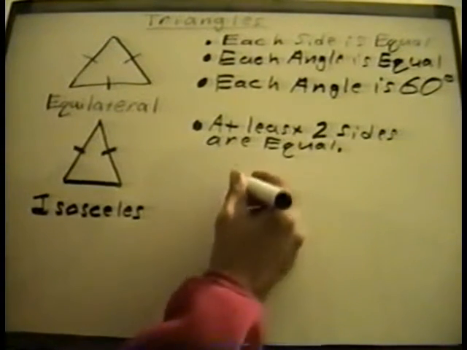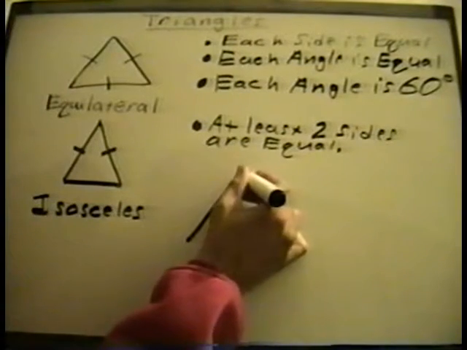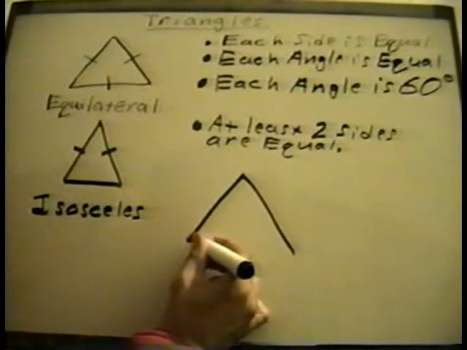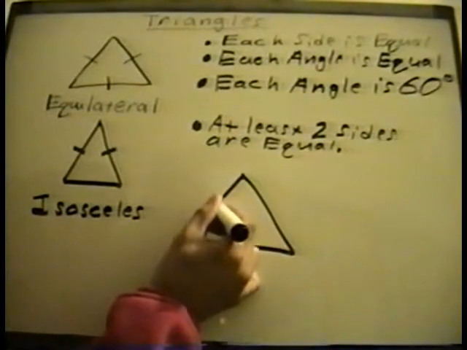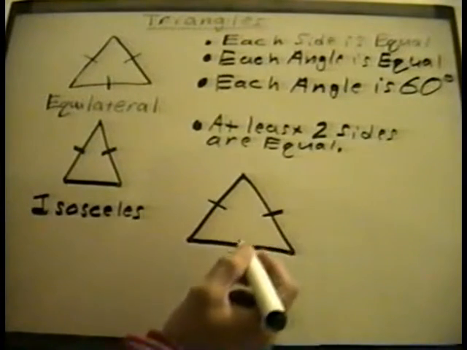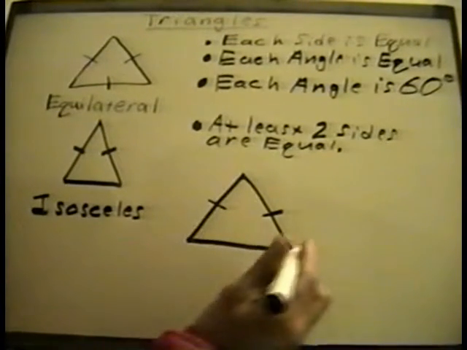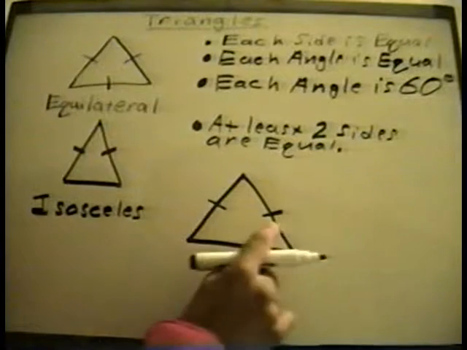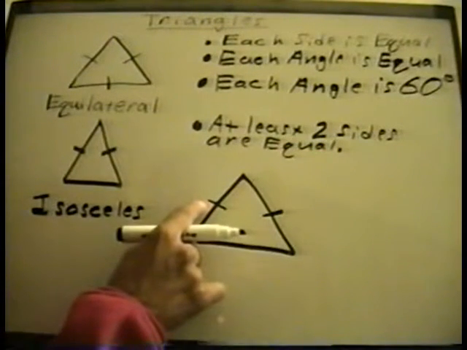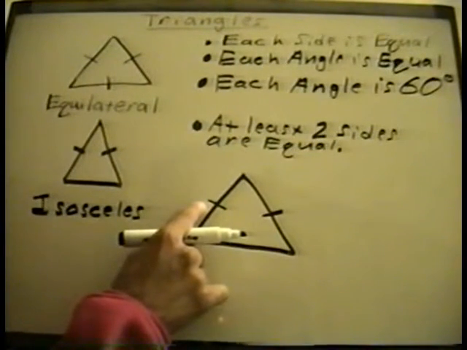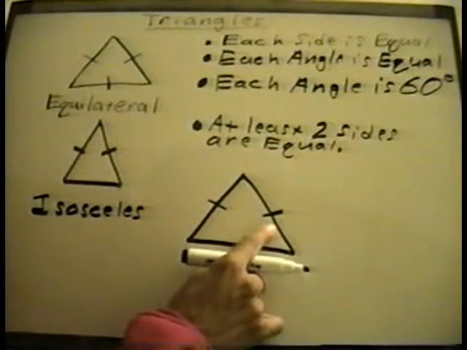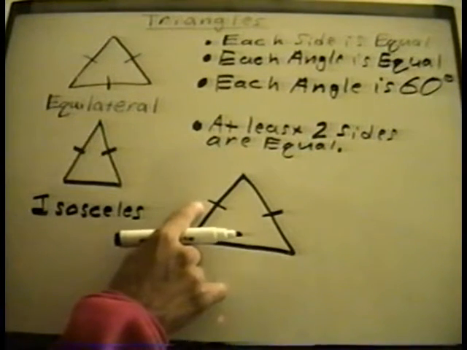Now, in an isosceles triangle, or for any triangle, we know that each angle corresponds to a side that opens up to it.